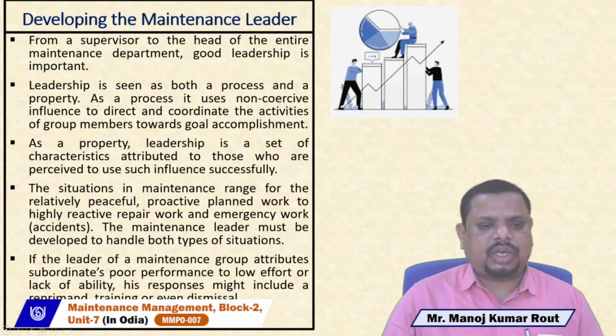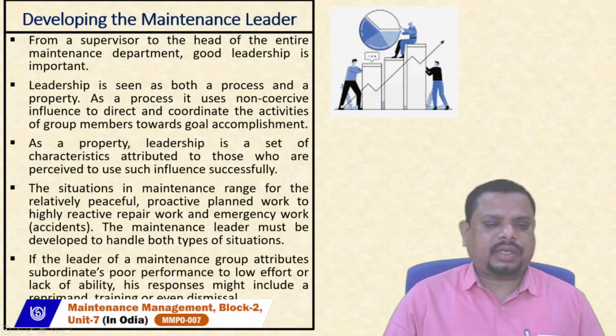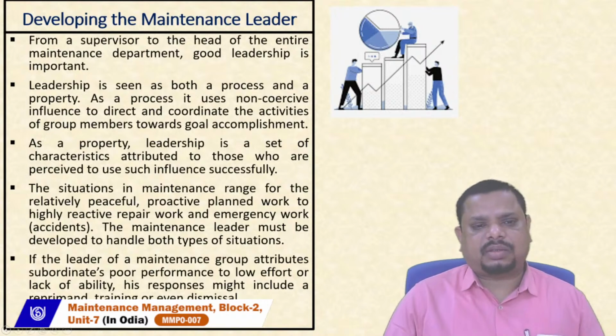So the situations in maintenance range from relatively peaceful, proactive planned work to highly reactive repair works and emergency works like accidents, and the maintenance leader must be developed to handle both types of situations. If a leader of a maintenance group attributes the subordinate's poor performance to lower effort or lack of ability, the response might include reprimand, training, and even dismissal.